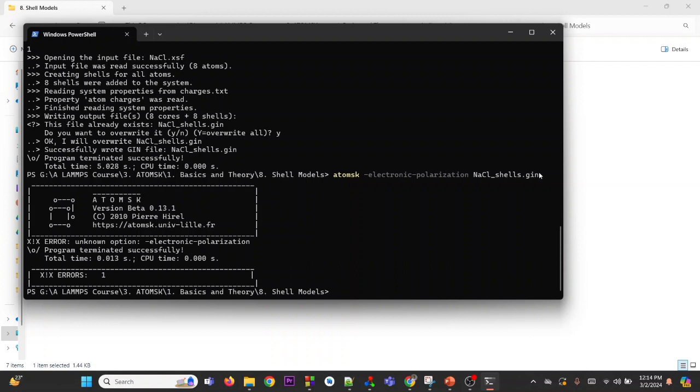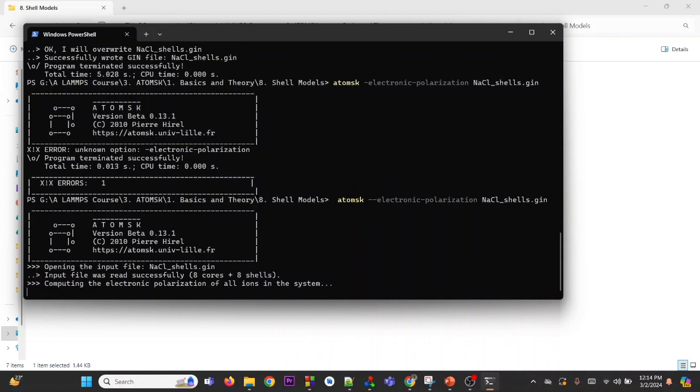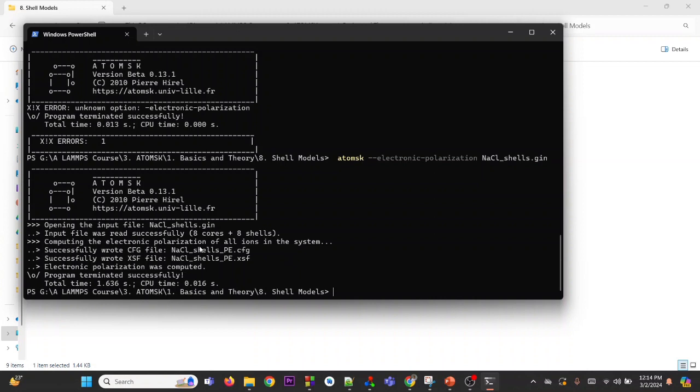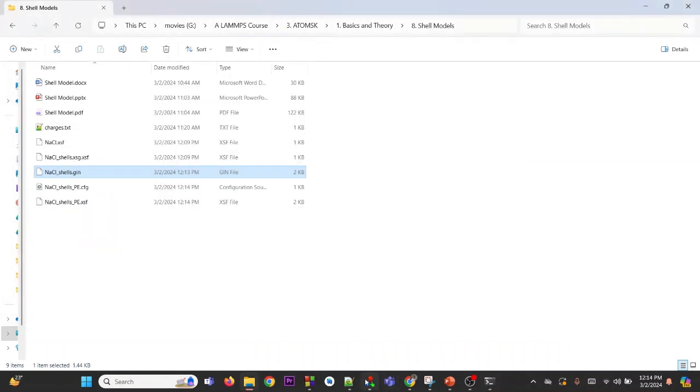There was a mistake here, so this is particularly a mode: ATOMSK double dash. Okay, so we have created it and the output was written in .cfg and .xsf file format.